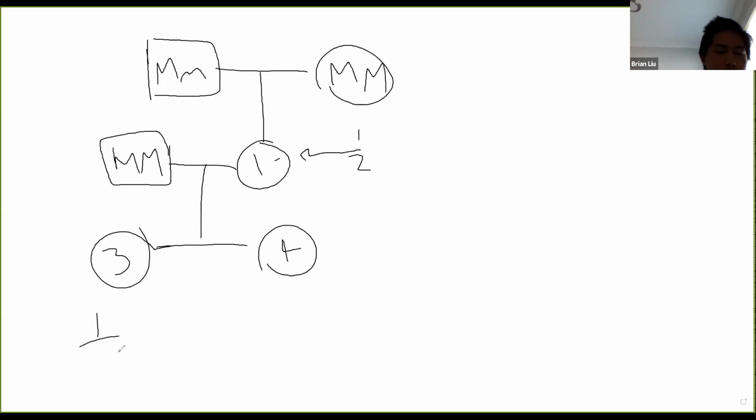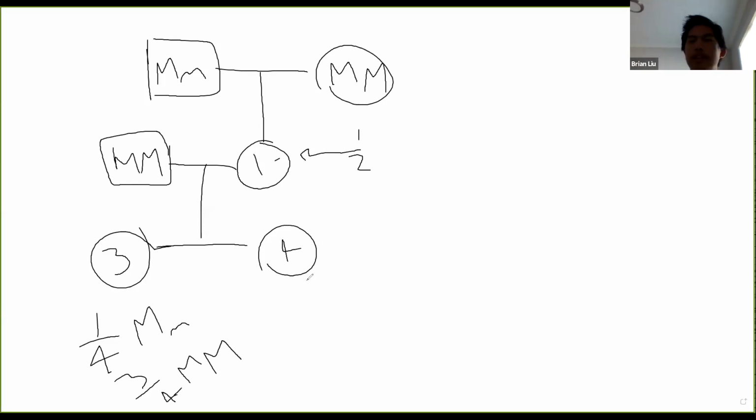So 1/4 chance of being big M, little m, and a 3/4 chance of being big M. Same thing with 4, right? So if there's a 3/4 chance that 3 is big M, and a 3/4 chance that 4 is big M, then there's a 3/4 times 3/4 equals 9/16 chance that both of them are big M.